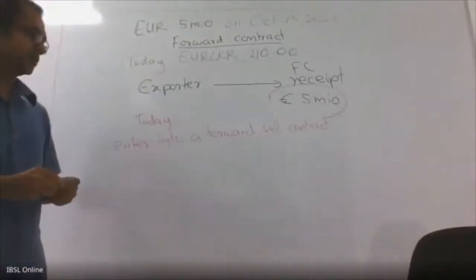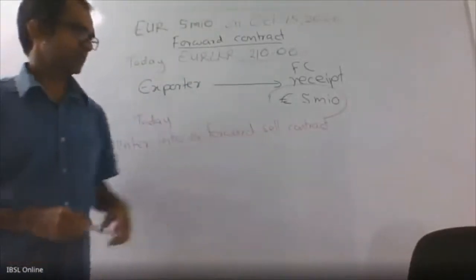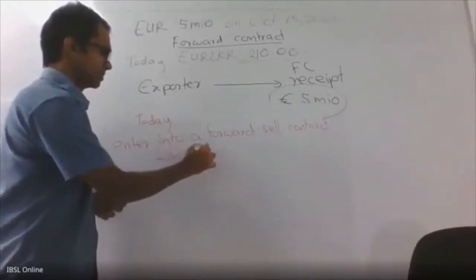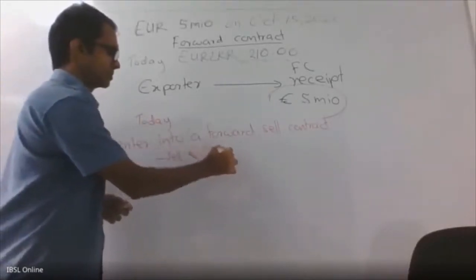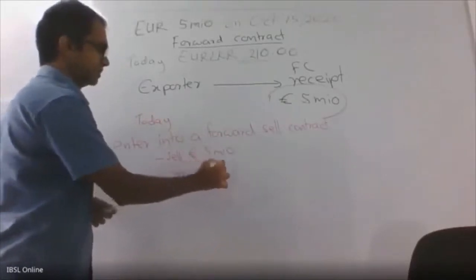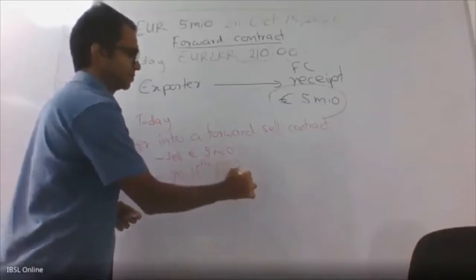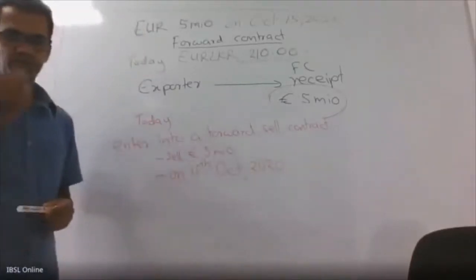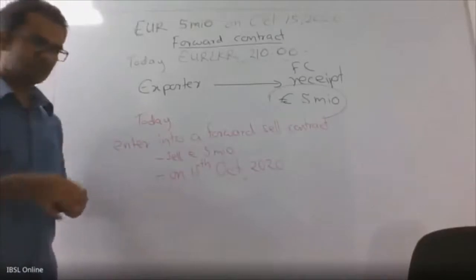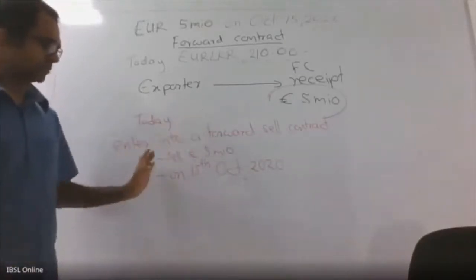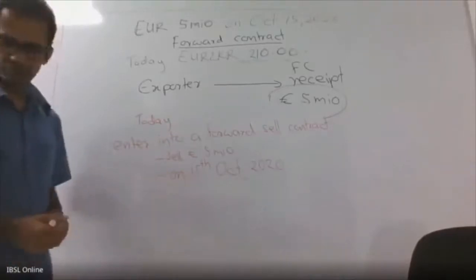Today he can enter into a forward sale contract to do what? Sell Euro 5 million on 15th October 2020. He enters into the transaction today, but the cash flow exchange would happen on 15th October.